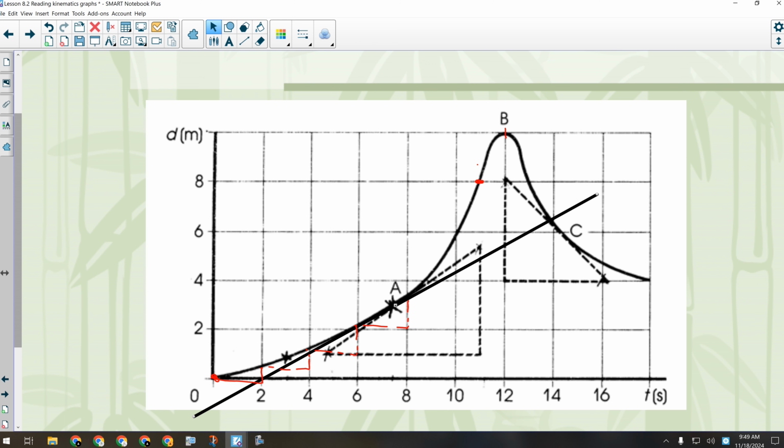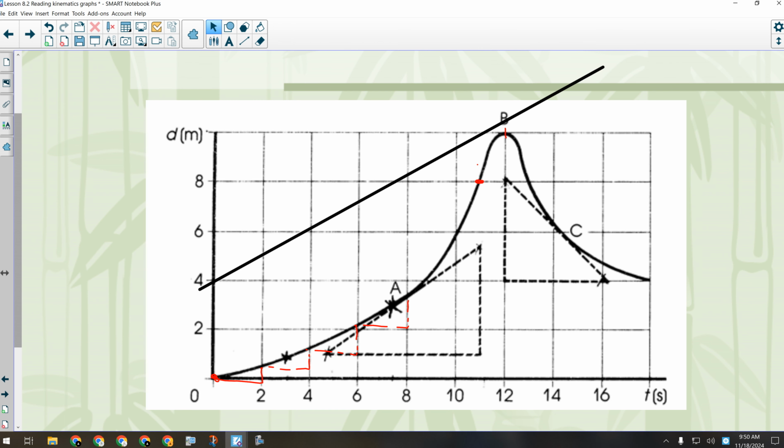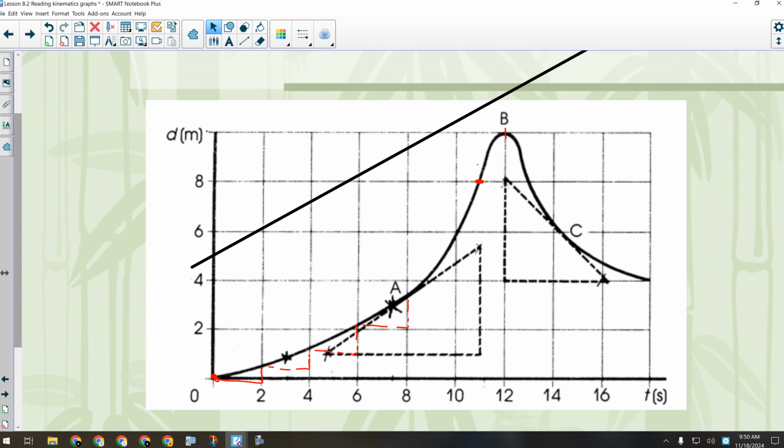The slope. If I calculate the slope of that tangent, that's the velocity of the object at that point, because I've just drawn a line that's parallel to that tiny little line at that one particular point. So, back to this idea of how fast is it going, or does it come to a stop here at B? Yes, it does.